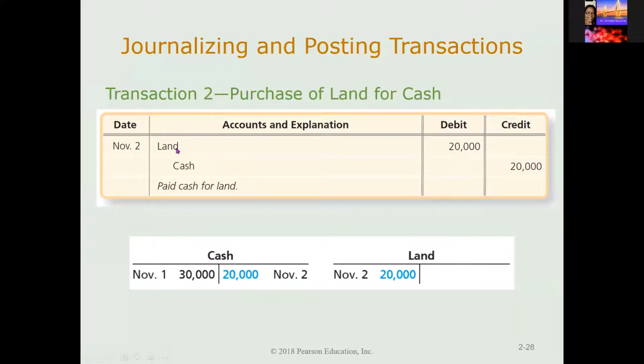So in step 3, you have land debited for $20,000 and cash is being credited. And then here you have the information. This is where the journal entry is posted to the ledger. Cash started out with $30,000, is decreased by $20,000, but land is increased by $20,000.